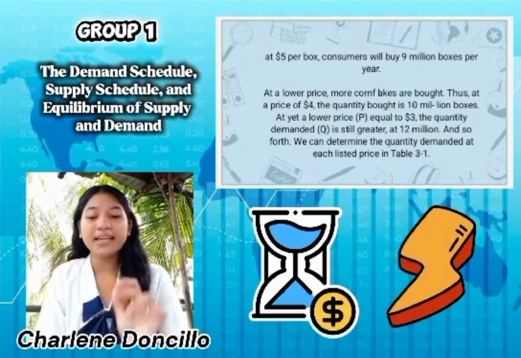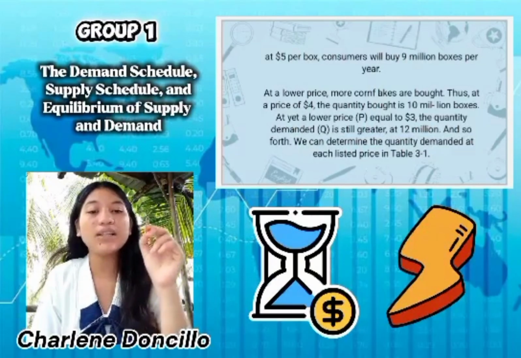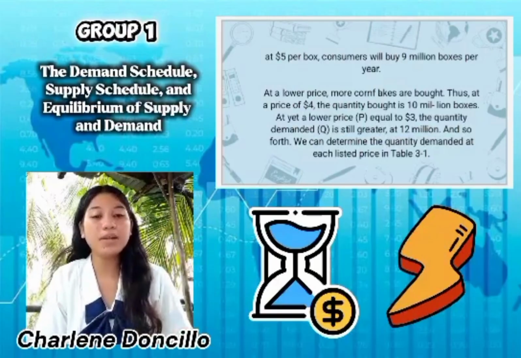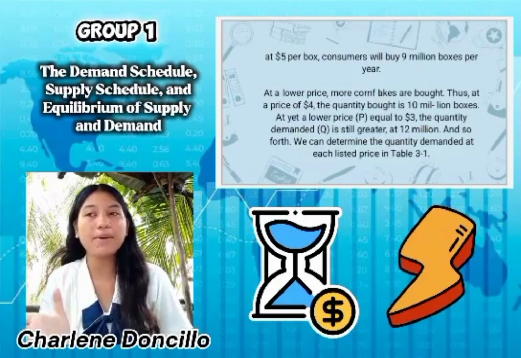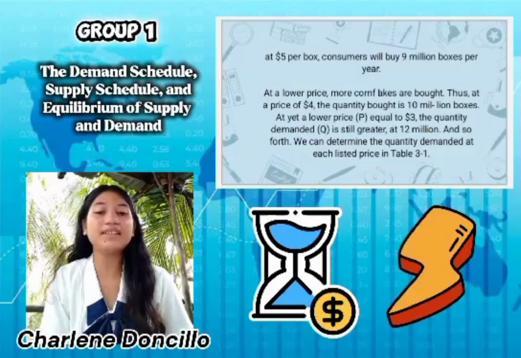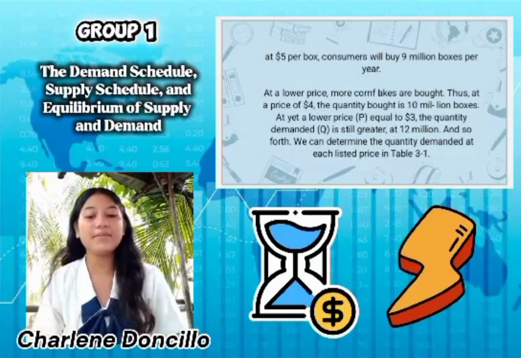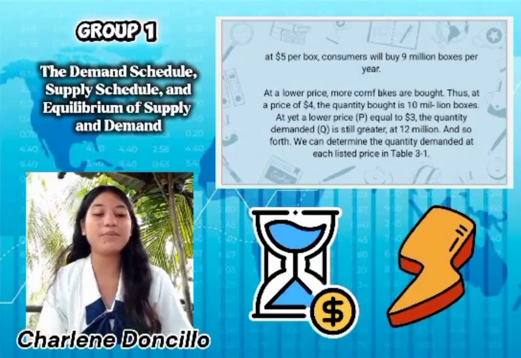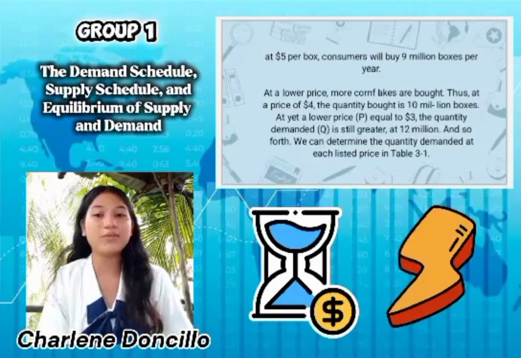And if $2 per box, the quantity demanded is 15 million boxes per year. And if the price is $1 per box, the quantity demanded is 20 million boxes per year. So we can determine the quantity demanded at each listed price in Table 3.1, as you can see in the table.